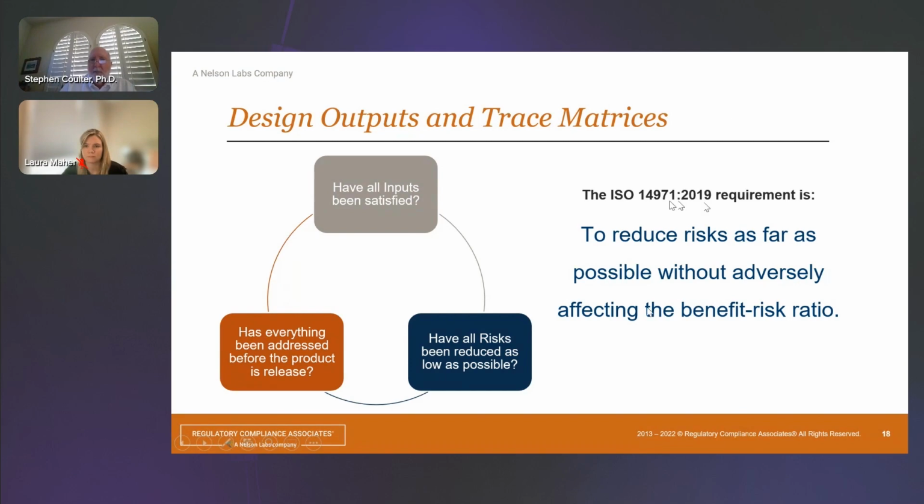You have to keep trying to reduce the risk. But they say there is a limit. There's a benefit risk level where you say the risk is acceptable. It's never going to be zero, and the benefit of this far outweighs that. So there is a limit, but check your wording in your SOPs to make sure you're following the current version.